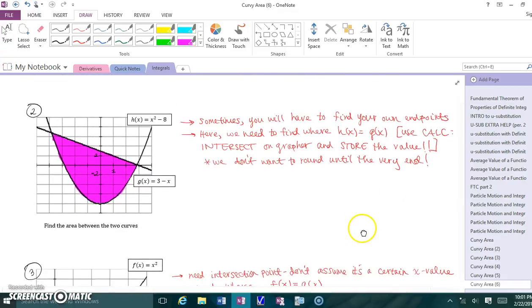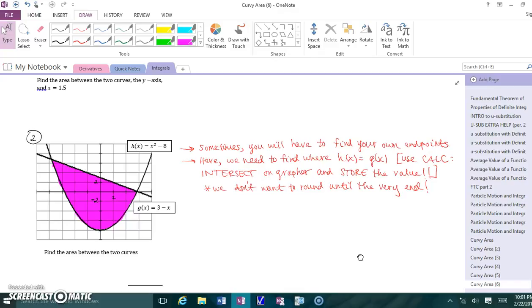Alrighty, number 2 is a little bit different because notice all it says here is find the area between the two curves. It doesn't tell you anything about like from this x value to this x value, and that's because you have to find those x values yourself. So the area between the two curves runs from where they intersect here, so this x value, and where they intersect here, that x value.